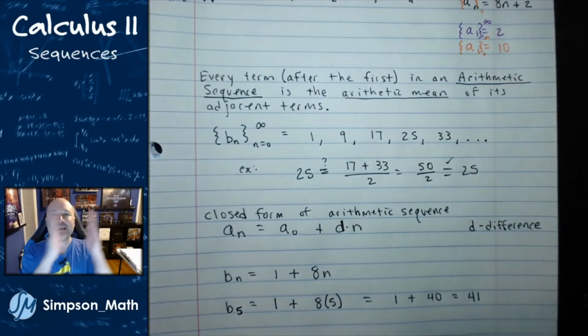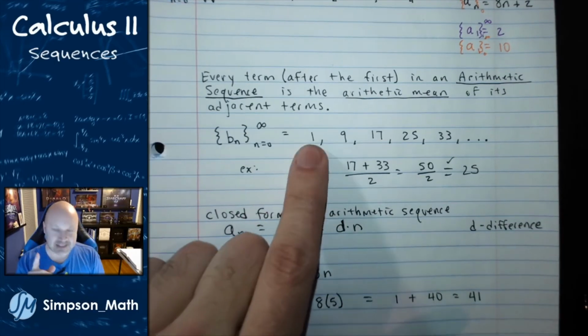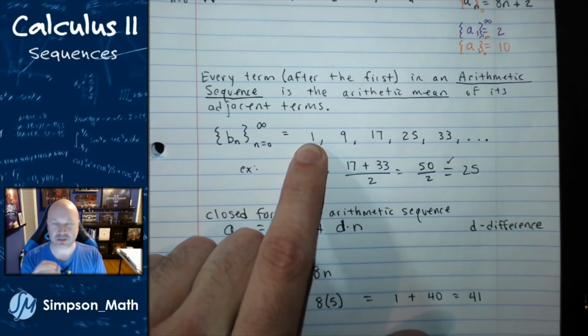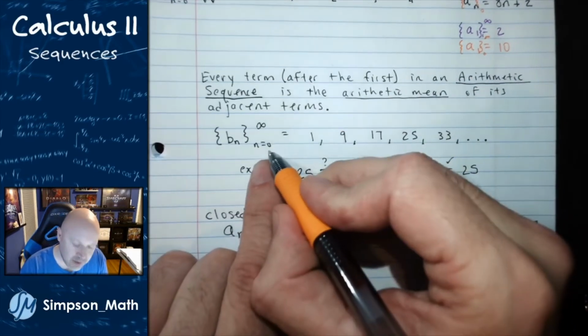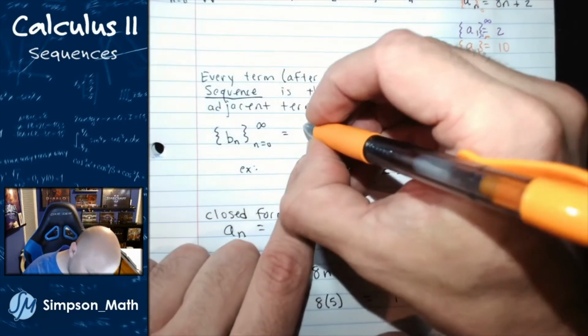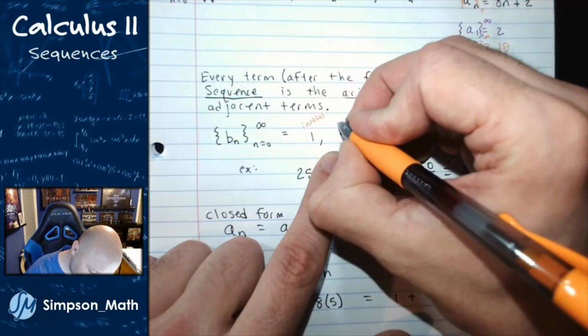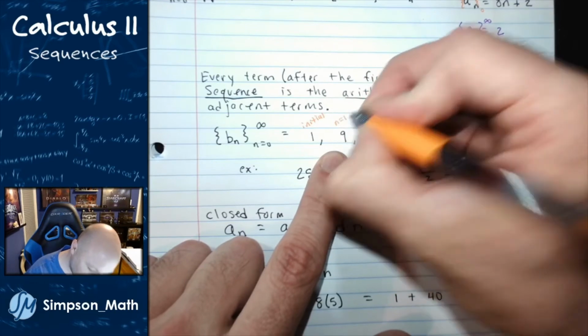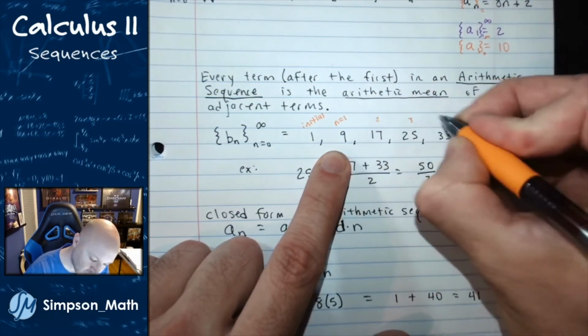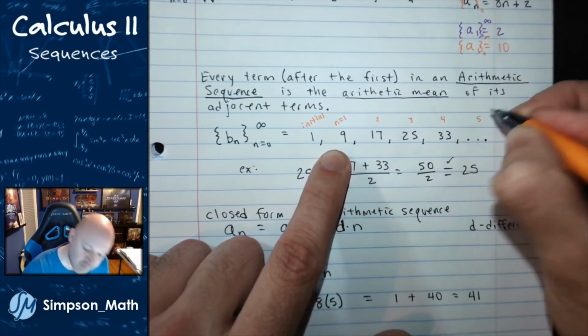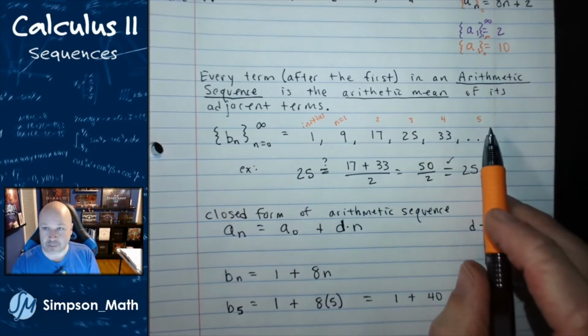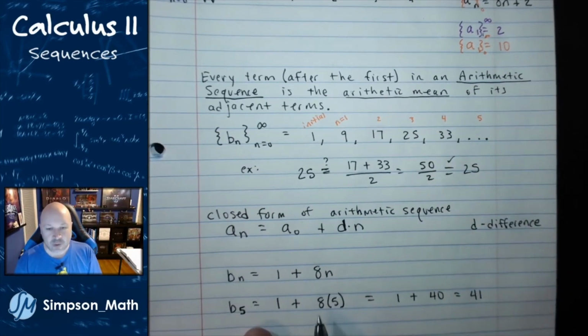By re-indexing it, the first term is no longer the first term. That is now the initial term, and this is n equals 1. So if I want to find the fifth term, the formula holds true.